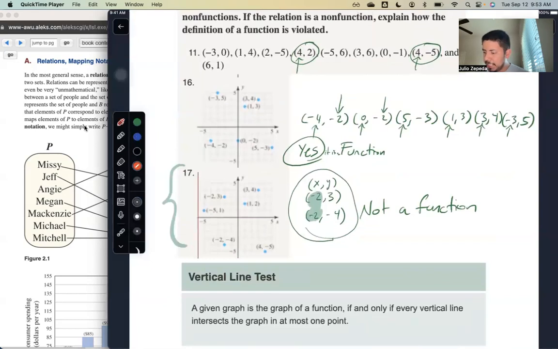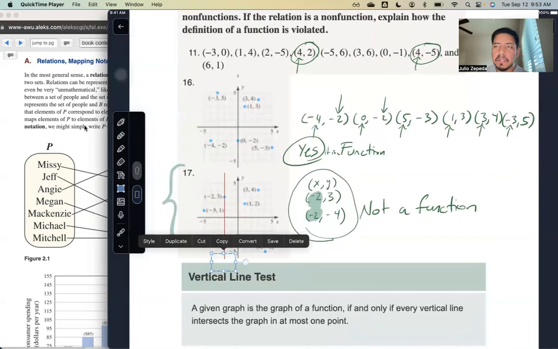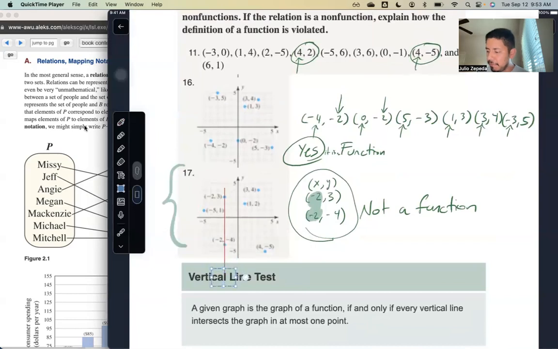The way that we do it is we take a vertical line, just like this one here, and we run it across the graph. And if it ever touches 2 points on that graph, like here, then this means it's not a function. So you can very quickly check whether or not something is a function.